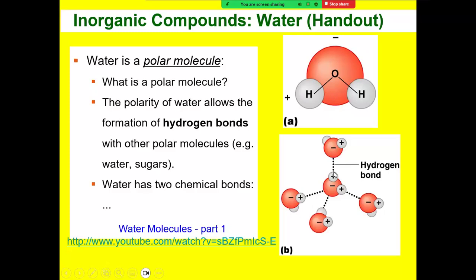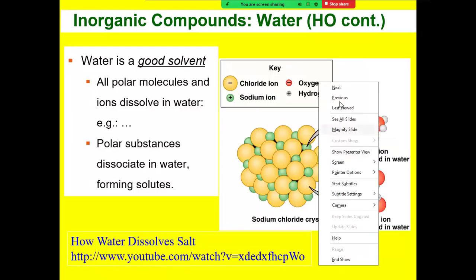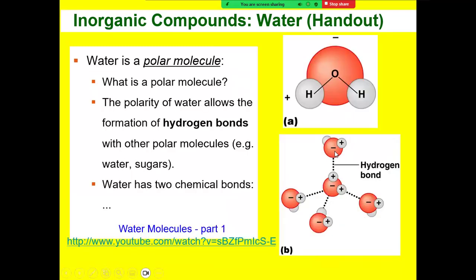That makes an electrostatic attraction between the hydrogen and the oxygen, and that we call a hydrogen bond. It is not a chemical covalent bond. It is a hydrogen bond being held together by the partial positive charge on the hydrogen and the partial negative charge on the oxygen.